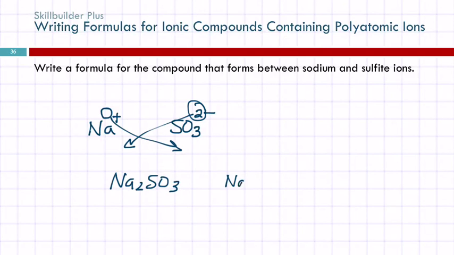So then we'd have Na2 plus SO3 2 minus. It just gets very, very messy and confusing. So we leave the charges off. So do not write charges in an ionic formula for the whole compound. It's a good point.